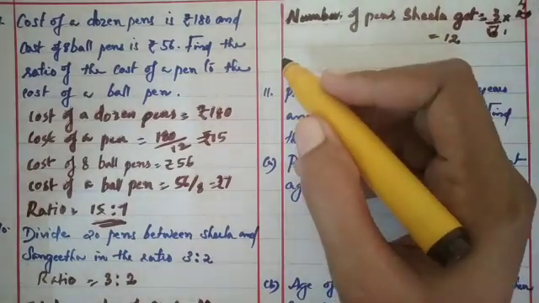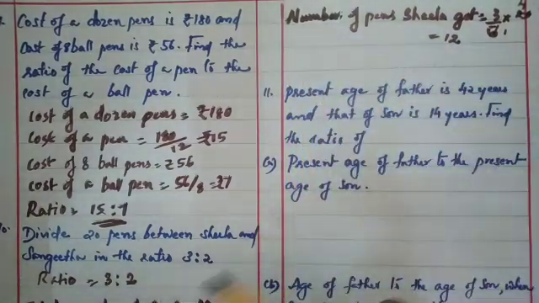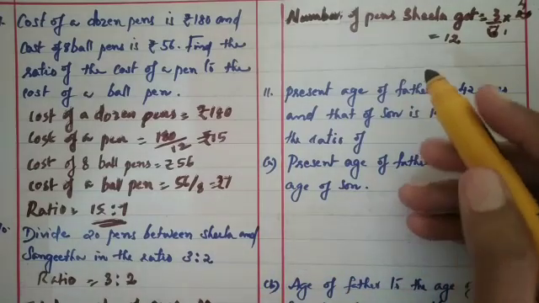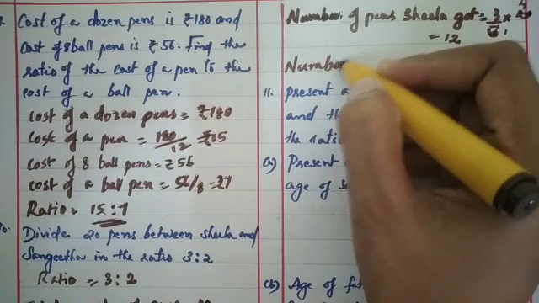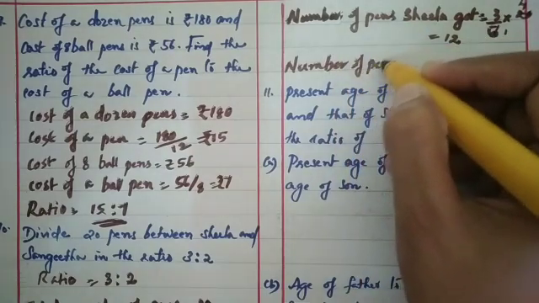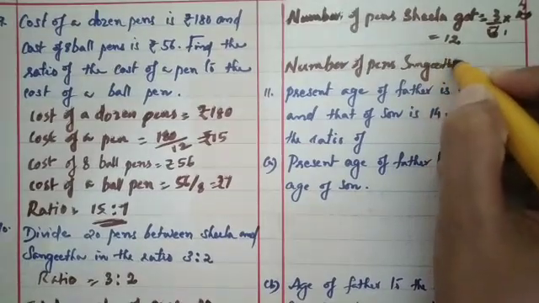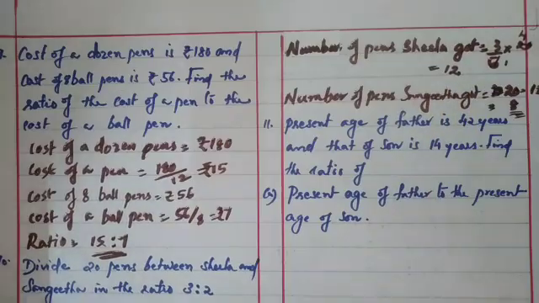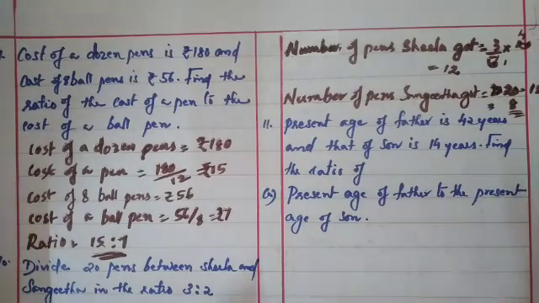Then you have to subtract it and find out the number of pence for Sangeeta. 20 minus 12 is 8 pence. Number of pence Sangeeta got equals 20 minus 12, 8 pence.